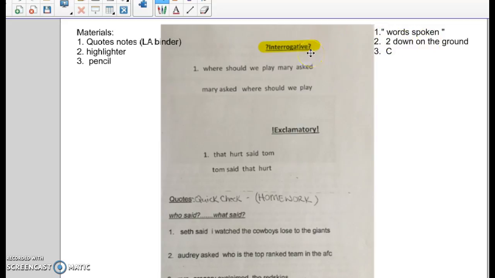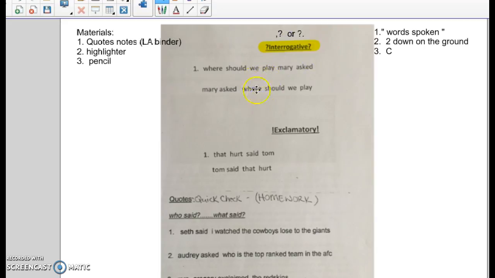You're going to have a question mark and a period, or a comma and a question mark. It'll either be comma, question mark, or question mark, period, depending on the order of the sentence, okay? So you can write that down.